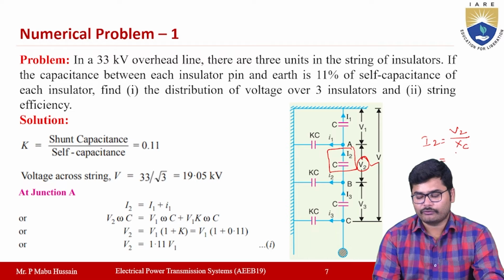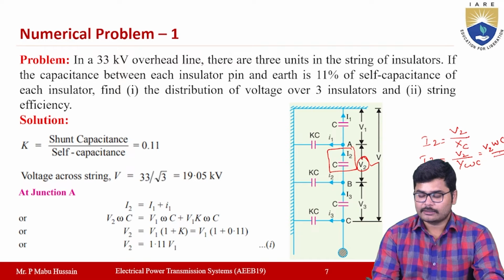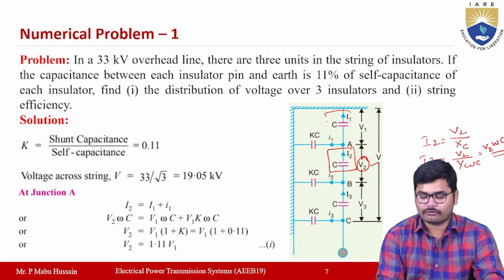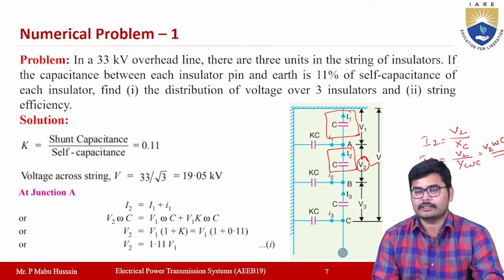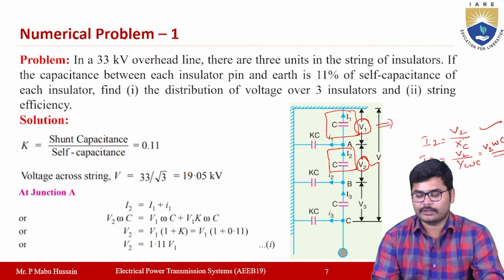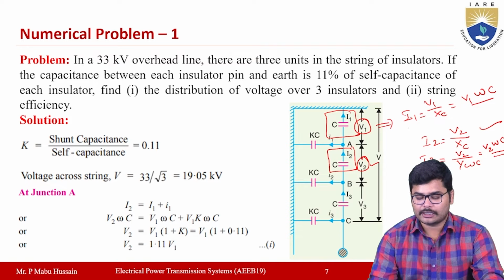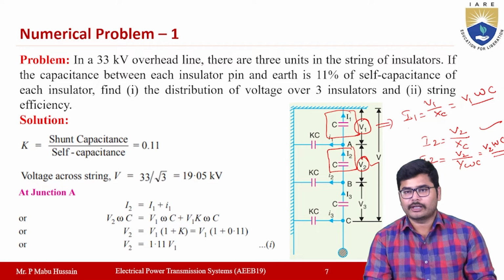This will be V2 by 1 by omega C, which is equal to V2 omega C. So I2 is equal to V2 omega C. Similarly, I1 is the current flowing in insulator disk 1, which has the same capacitance C, and the voltage across the disk is V1. So I1 will be V1 by XC, which finally gives V1 into omega C. I1 is V1 omega C, I2 is V2 omega C.